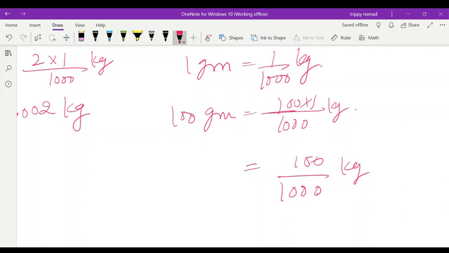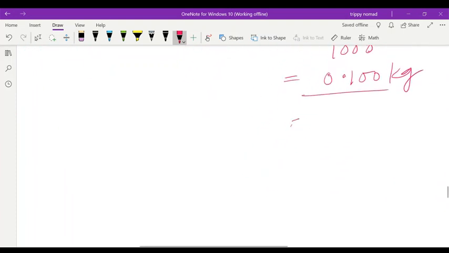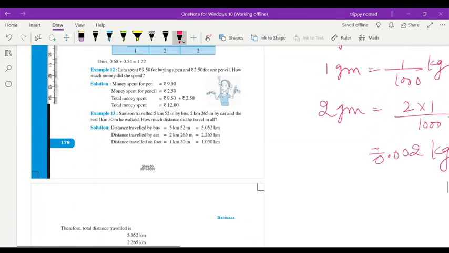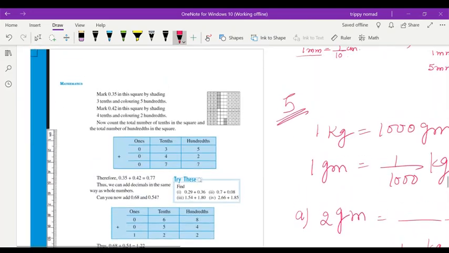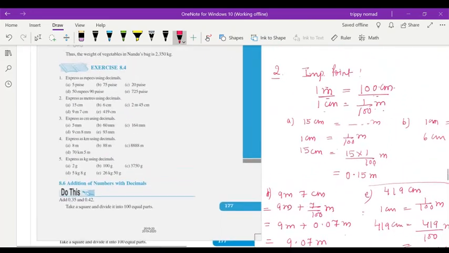So what will come? 0.100 kilogram. So this will be your answer. Either you can write this or 0.1 kilogram. Both are correct. So children, I hope you understood how to do all these sums of this exercise.